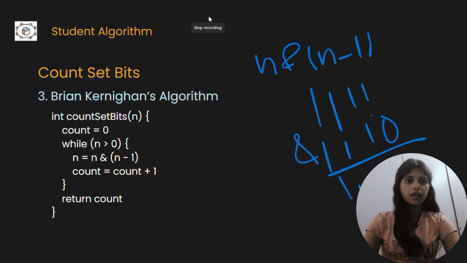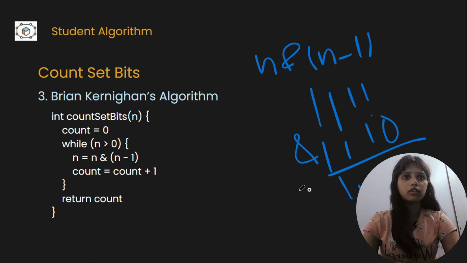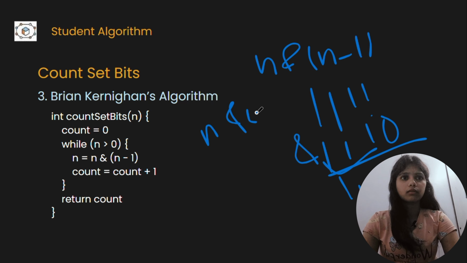If we have n and n minus 1, to count the number of ones, for 8 it is counting 1 time. That means we are just checking the power of 2. In the power of 2, in that way we are just checking the number of bits.